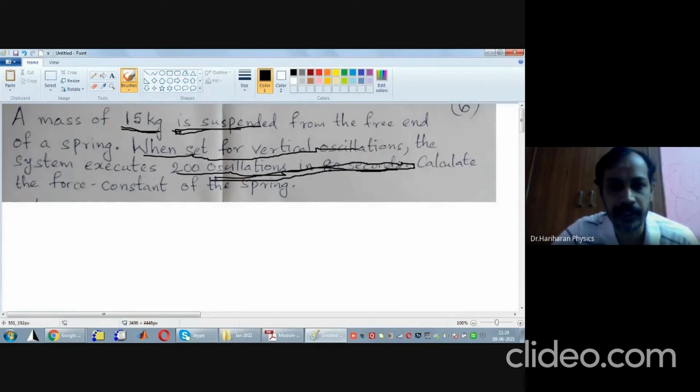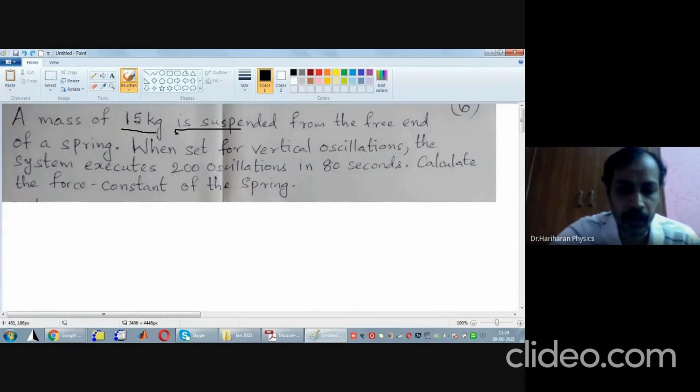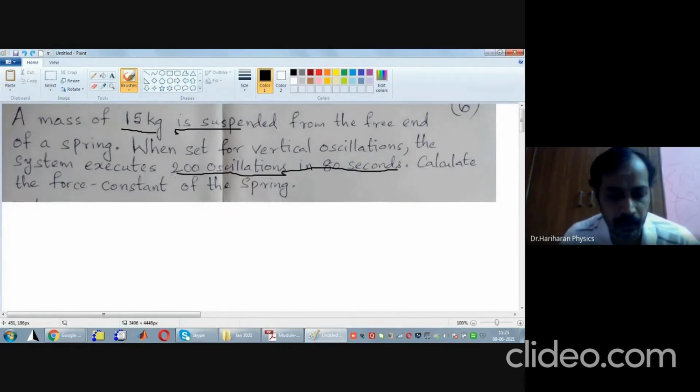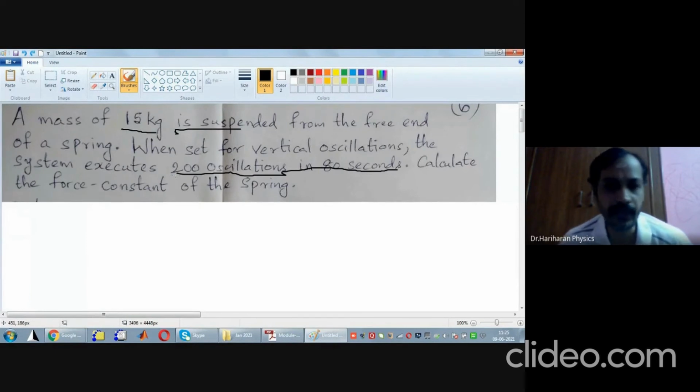How many oscillations does it do? It does 200 oscillations in 80 seconds. With this information, you have to calculate the force constant of the spring.